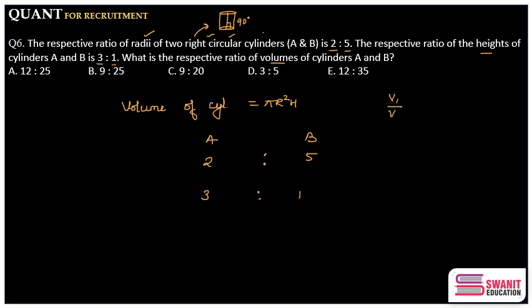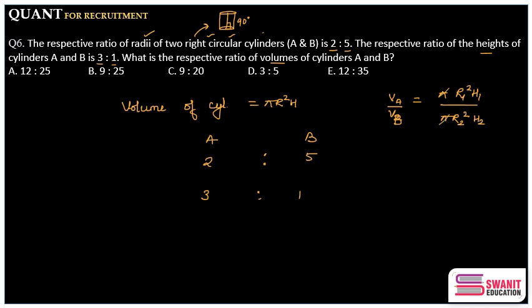And we have to find out the ratio of their volumes. So V1 upon V2, or I should say VA upon VB, that's volume of A is to volume of B, will be equal to pi times R1 square H1 upon pi times R2 square H2, out of which pi gets cancelled.